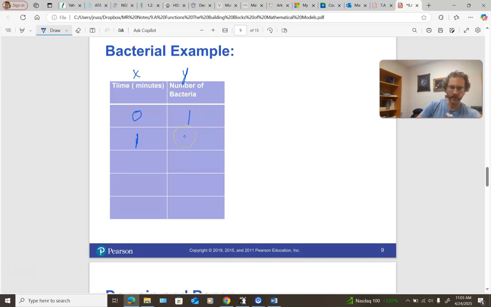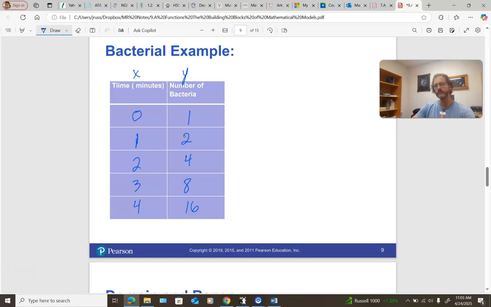So we're going to have 2 bacteria. Okay, and then when time is 2, or over that second minute, the number 2 is going to double, so we're going to have 4. And then over that third minute, the 4 is going to double, and we're going to have 8. And this process just continues, okay? And the 8 doubles, and you get 16.